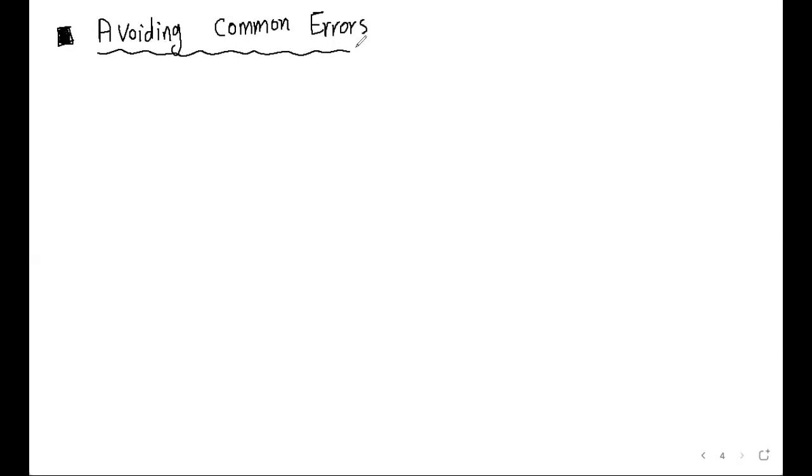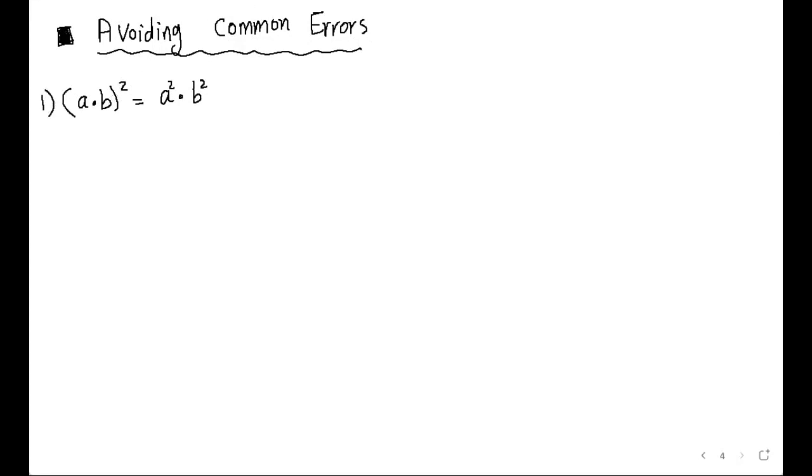There are some errors most of the students make. First thing, a times b, everything squared, is equal to a squared times b squared. But this is not true for addition.